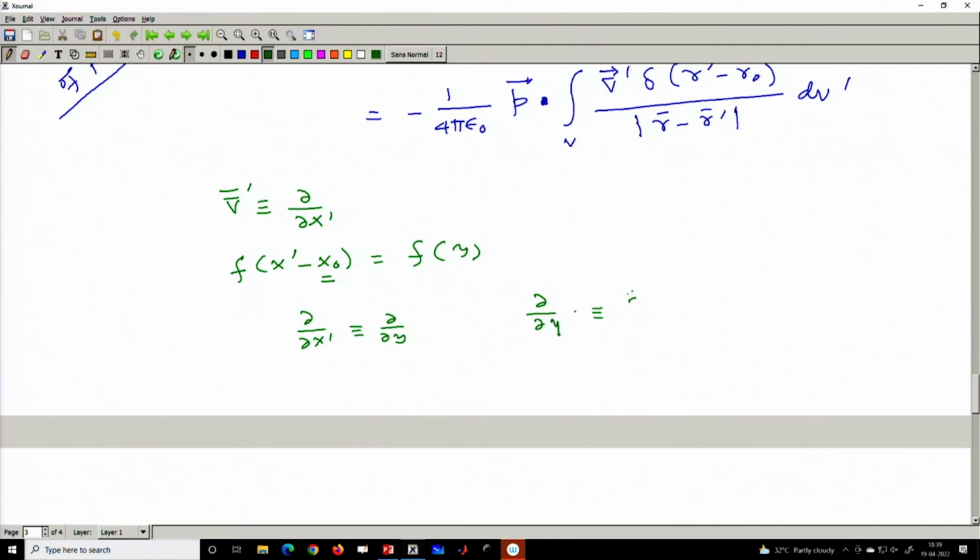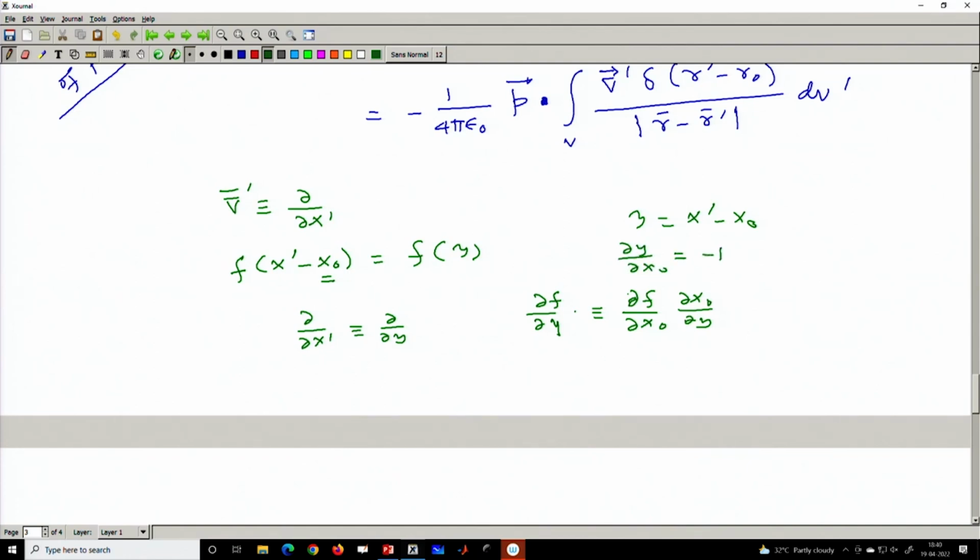Using the chain rule I can do that, say this is my function. So, I can do using the chain rule that it is over x 0, del x 0 del y, but here y is x prime minus x 0. So, del y del x 0 is simply minus 1.